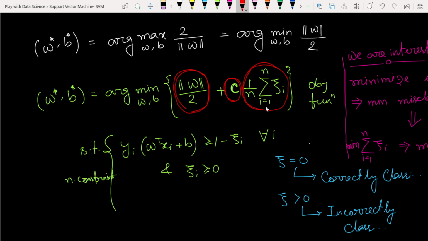If this increases, the accuracy of our classification technique is reduced. So we call this our loss function, and this is our hyperparameter. And this thing, that is norm w squared by 2, similarly we call this term the regularizer.